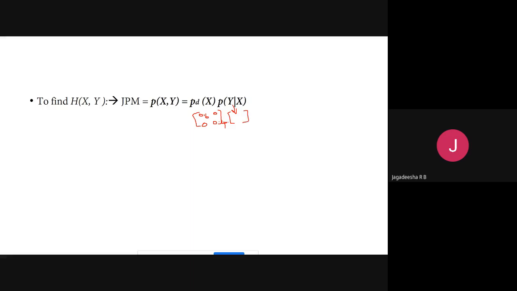You multiply those two and you get the joint probability between X and Y. So what's the value? The value is here.